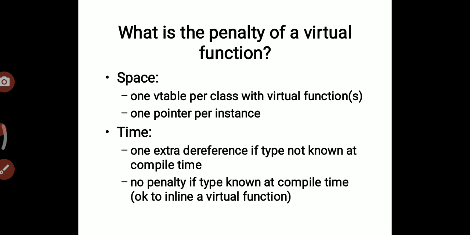Space: one virtual table per class with virtual functions, and one pointer per instance. Time: one extra dereference if the type is not known at compile time. No penalty if the type is known at compile time.